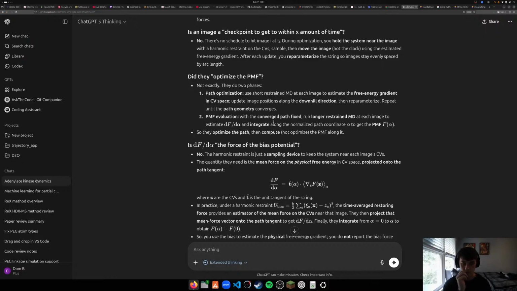PMF evaluation: with a converged fixed path, run longer restrained MD at each image to estimate dF over dA and integrate along the normalized path coordinate to get the PMF.